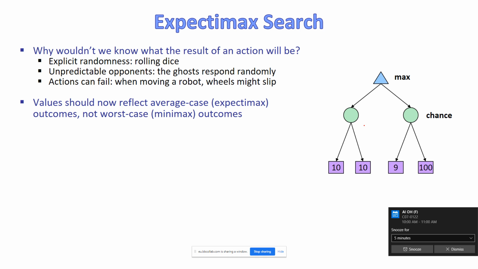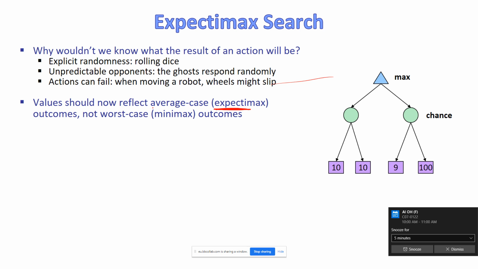Okay, now the values will reflect, as we said in the previous slide, the average case. That's why we call it Expectimax. You remember expectations in statistics? That's where we got this name, Expectimax, because at the nodes of the opponent, we will compute the expectation, the weighted average of the values.